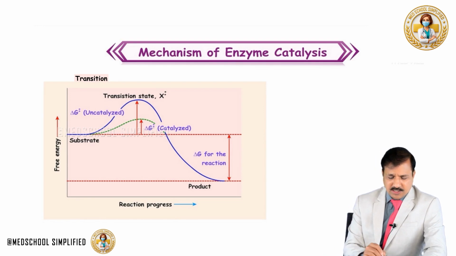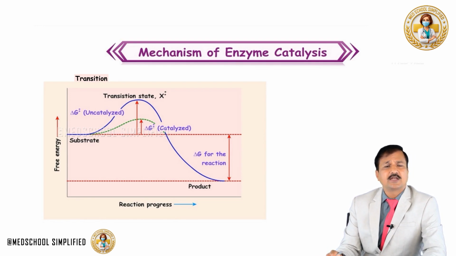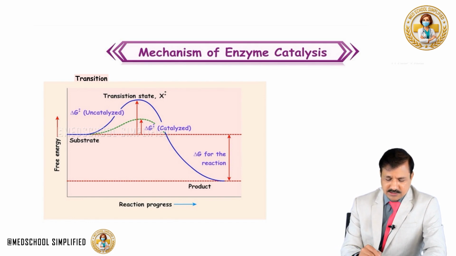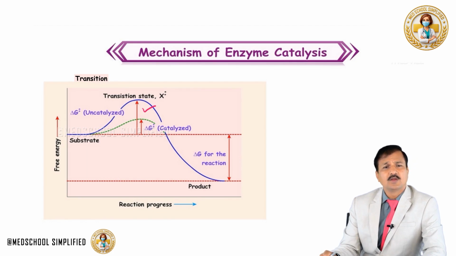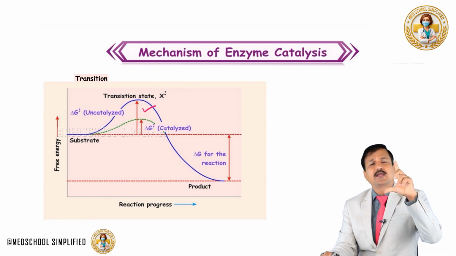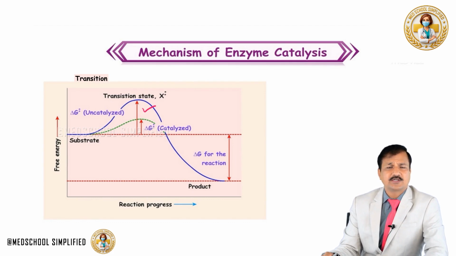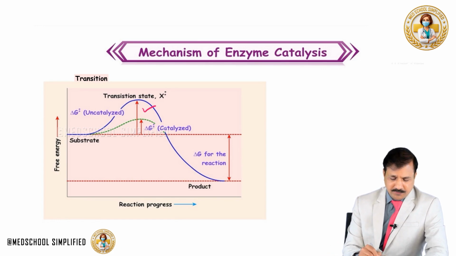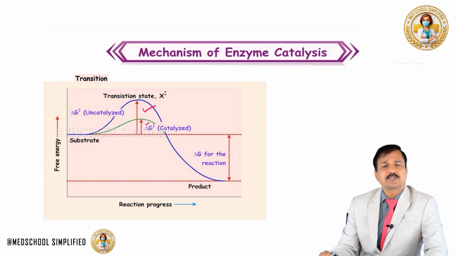Now look at the conversion of substrate into transition state in the uncatalyzed reaction, and look at the amount of free energy of activation that is necessary to take substrate into transition state. The big arrow that you are seeing here indicates that free energy of activation is much higher. Whereas look at the dashed green line, it is a small arrow indicating that free energy of activation is much lower.